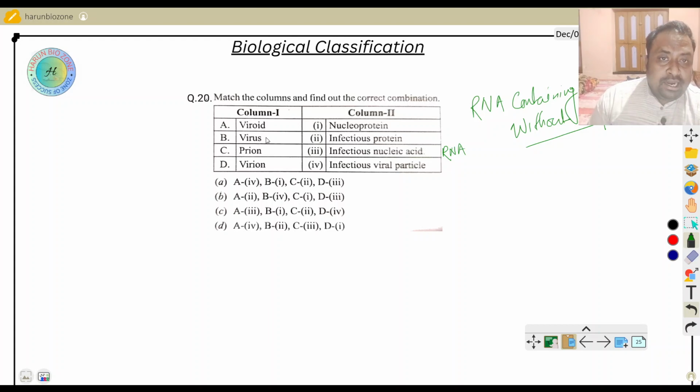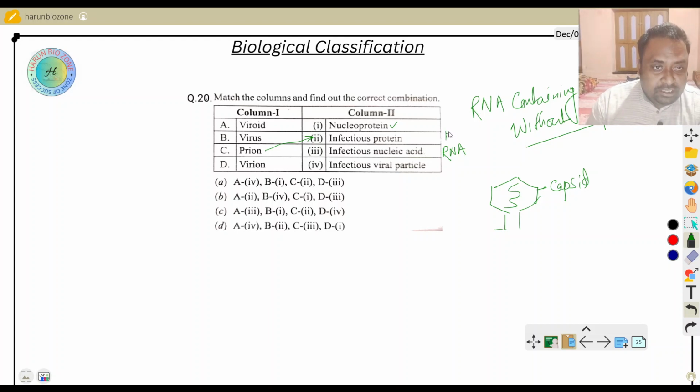What is a virus? A virus is a nucleoprotein, because inside the virus only nucleic acid, DNA or RNA, is present, and outside, the capsid or proteins are present, so it is called a nucleoprotein. What is a prion? Prion is an infectious protein that causes infection in organisms, like mad cow disease.